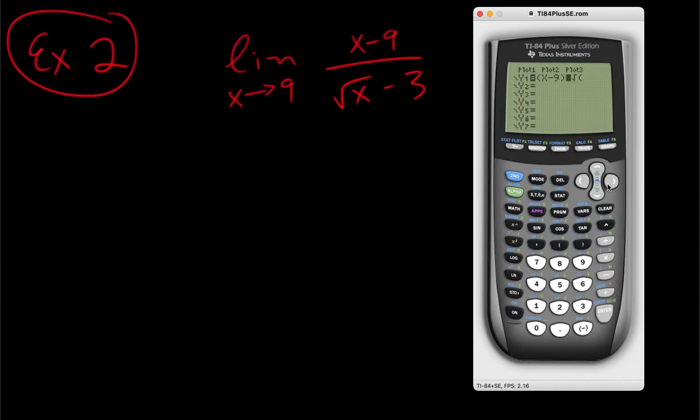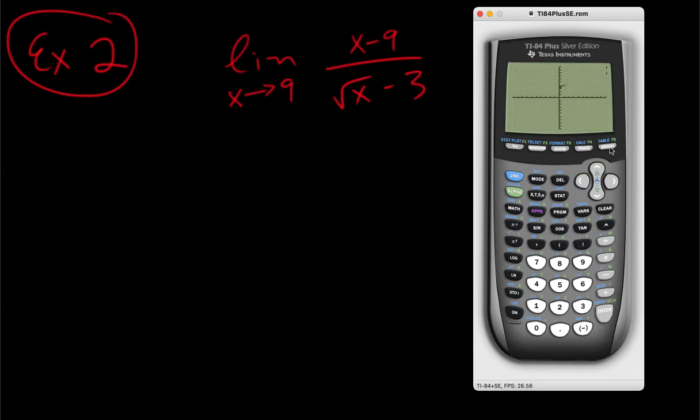Actually, I'm going to delete that. It's good to have parentheses around the entire top and the entire bottom, just to make sure your calculator is interpreting it the way that you mean it to.